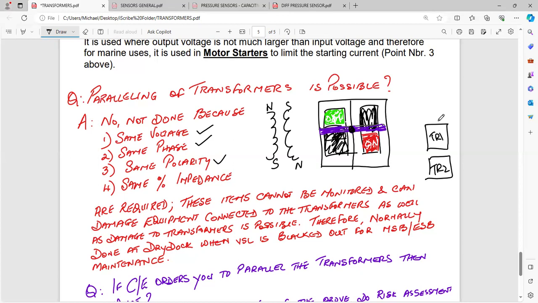But certainly not out at sea. It is just like wanting to test your emergency generator out at sea. It's something similar to that. So please do not parallel it when the ship is out at sea.